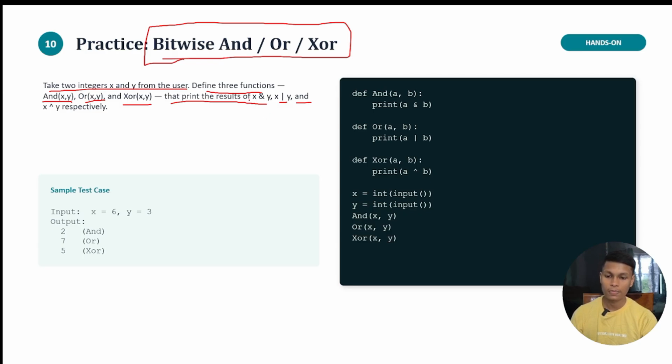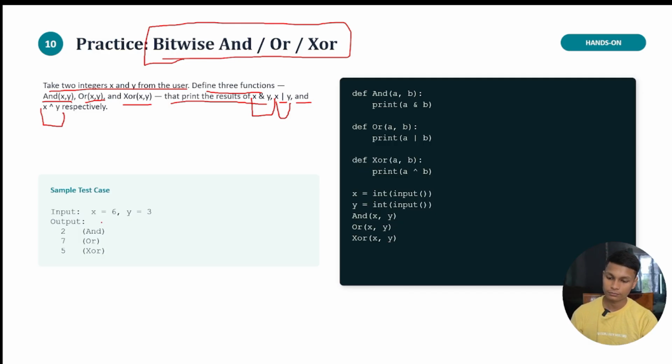Sorry, here you can see that the first one is AND, the second is OR, and the third is XOR. I think you remember which symbol represents what: bitwise OR, bitwise AND, and bitwise XOR.